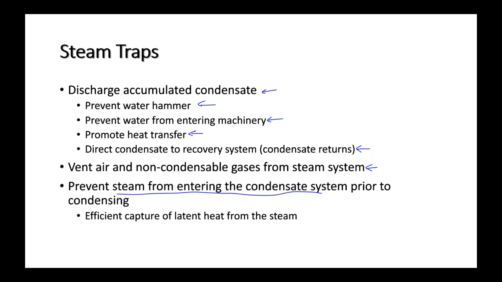We want the steam to be residing in the heat exchanger and liberating its heat to whatever process fluid we're trying to heat up. We don't want it blasting through into the condensate lines. So that's why they call it a trap. They trap the steam where it's supposed to be, but at the same time, they let out the condensate.